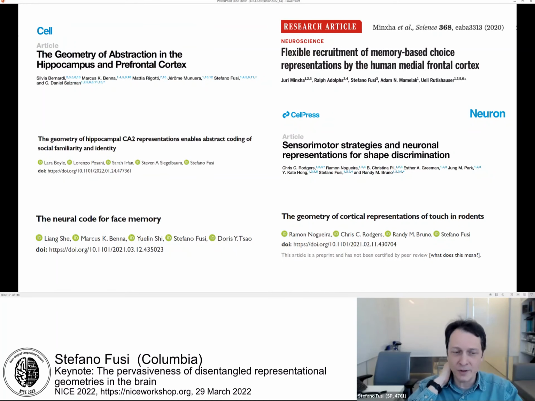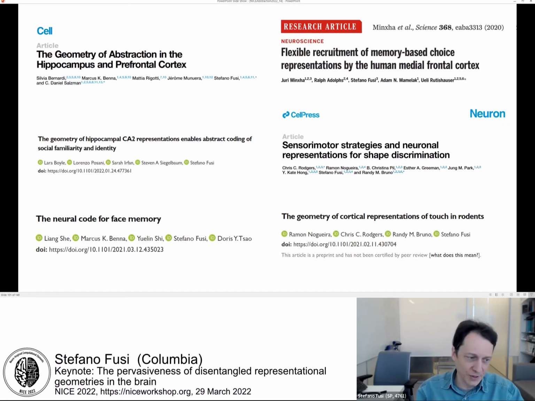This is true in all the brain areas, and even for classical quantities like the position of an animal in the hippocampus. We have a paper with Fabio Stefanini in Neuron, where we basically throw away all the place cells that pass the classical criteria based on mutual information, and then we can still decode the position of the animal.